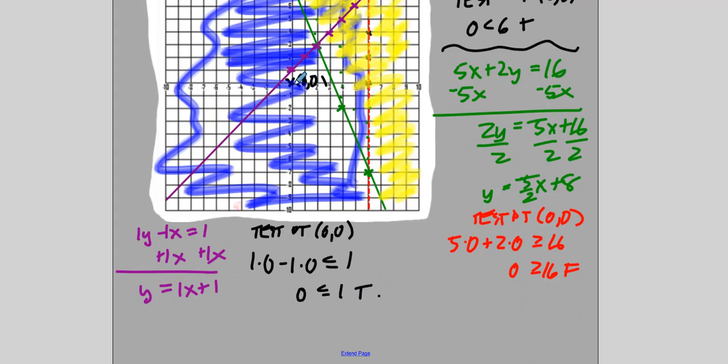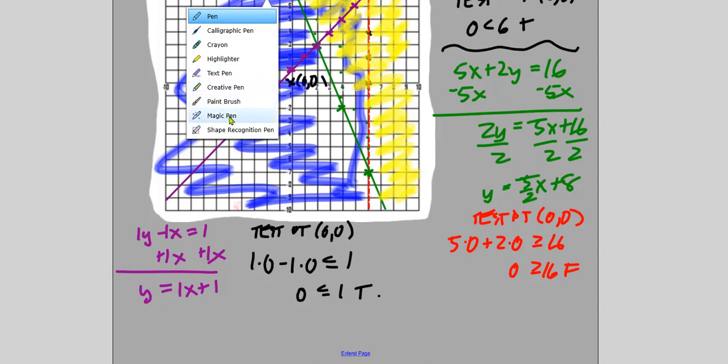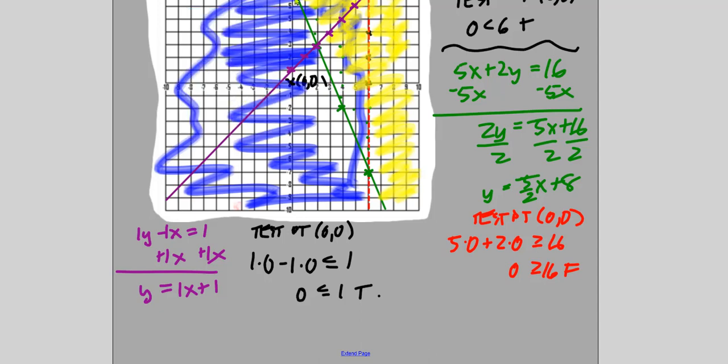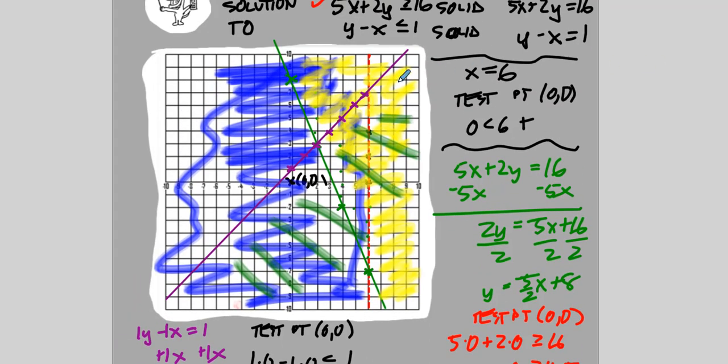So here's the test point, here's the boundary, we're shading in the lower half plane. So we're going to shade downward. So notice that the common area of all three is this triangular area right here, and this actually is a finite area.